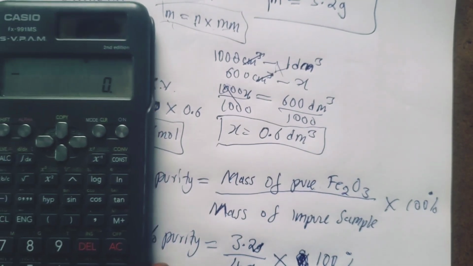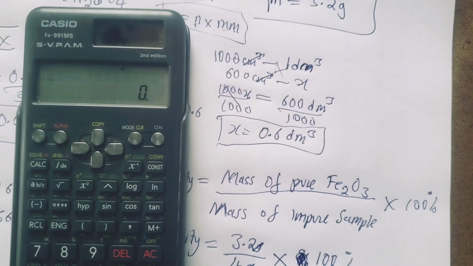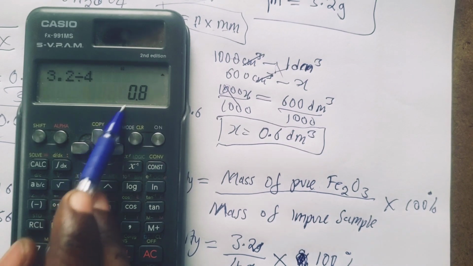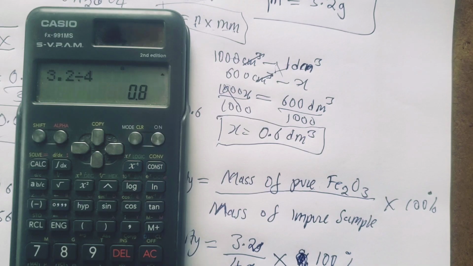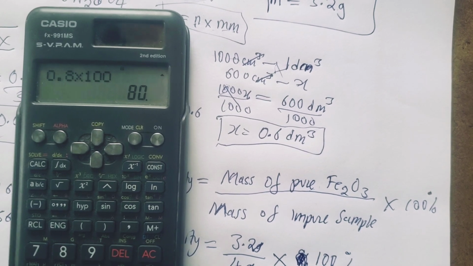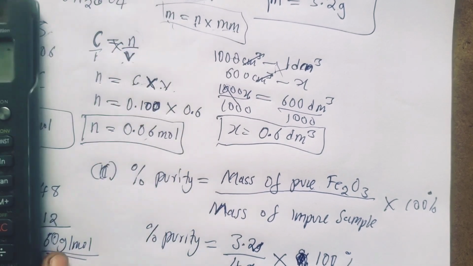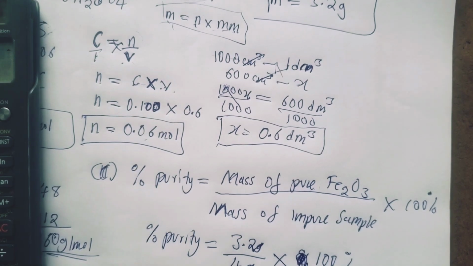So we're going to have 3.2 divided by 4, that's 0.8, multiplied by 100. It's giving us 80 as our percentage purity.